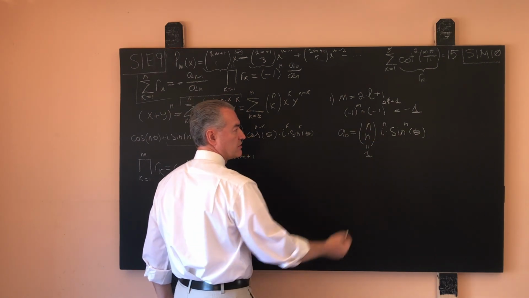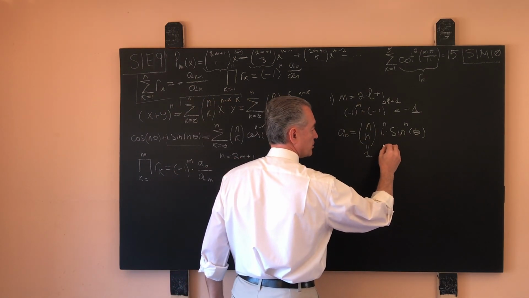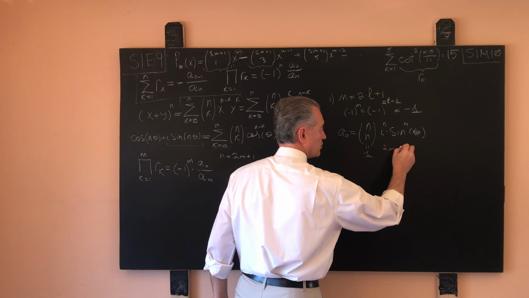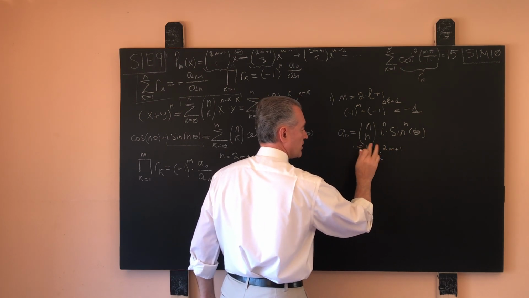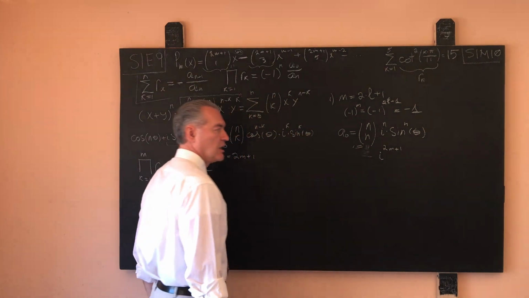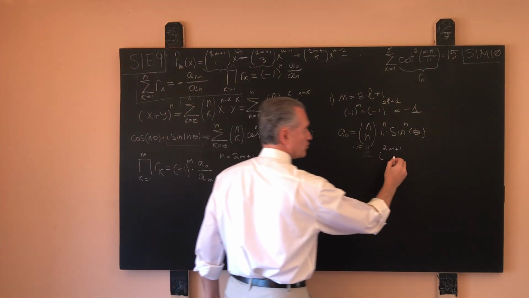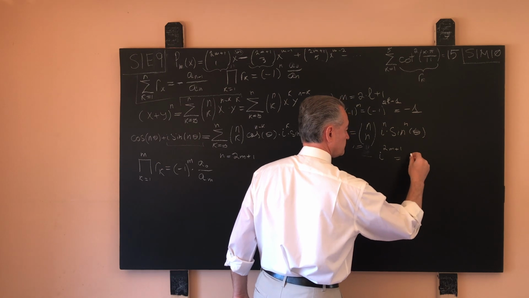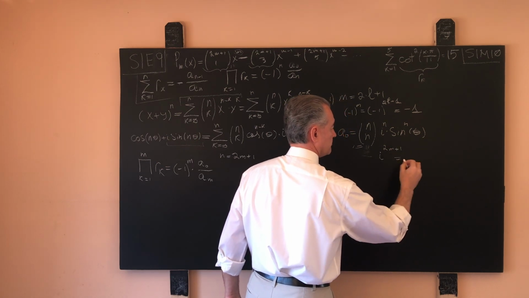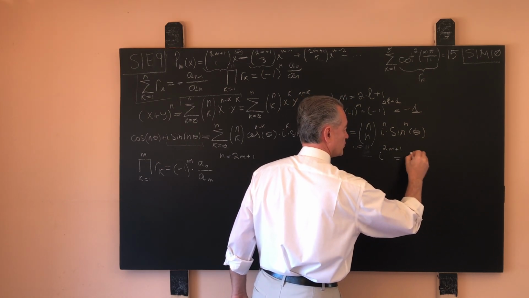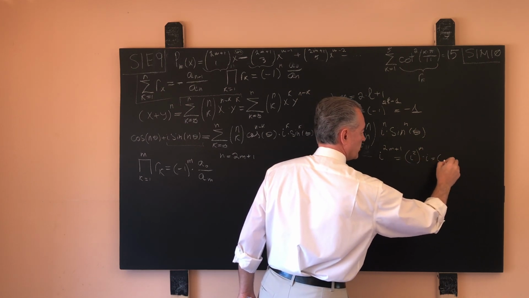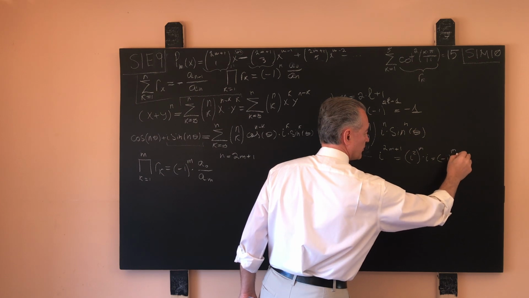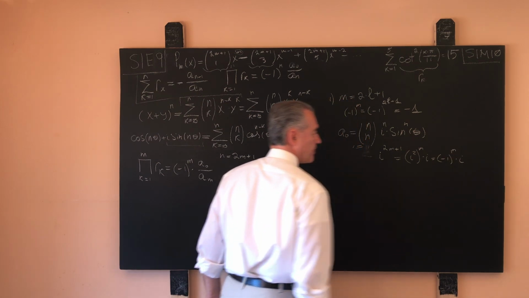The number n is represented as 2m plus 1, so i raised to the power 2m plus 1 will be i squared to the power of m times i, which is -1 to the power of m times i.